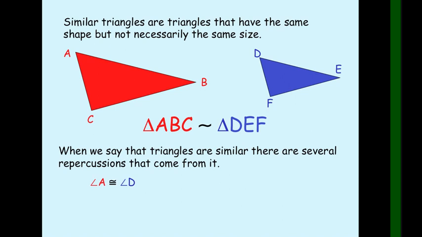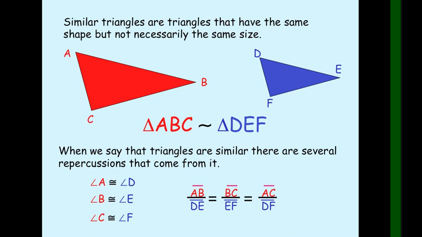Angle A is congruent to angle D of the other triangle, angle B is congruent to angle E, and angle C is congruent to angle F. On the other hand, we can also compare their sides by saying that line segment AB over line segment DE is equal to line segment BC over line segment EF, and to the ratio of line segment AC and line segment DF.